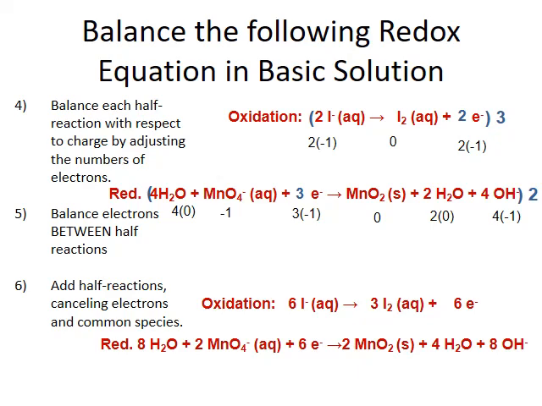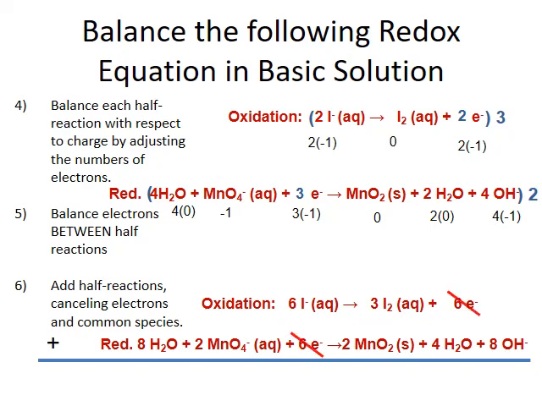And finally, we can add together the 2 half reactions and cancel out anything that is in common on both sides. So first we'll cancel out the 6 electrons from both half reactions. But we also have water on both the reactant and product side.